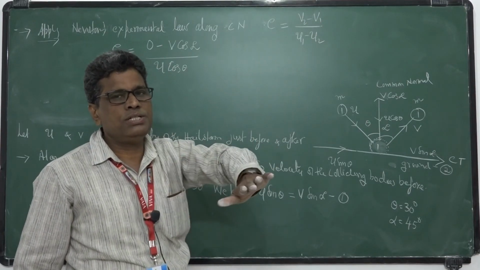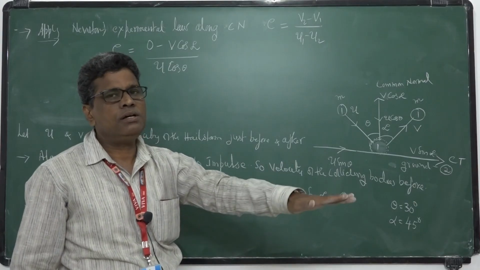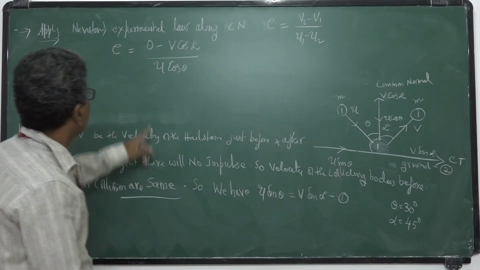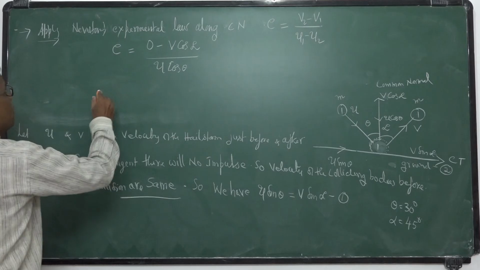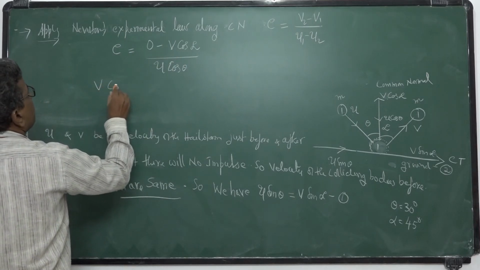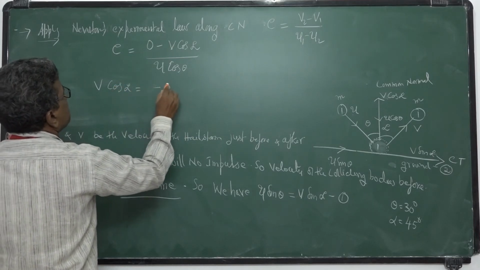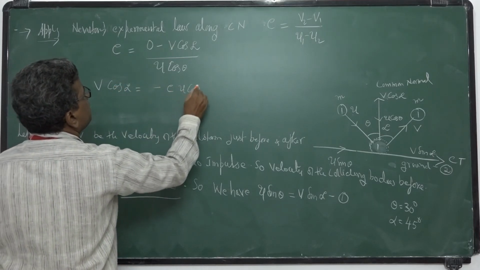There will be no change in the velocity of the ground, because it is at rest before and after collision. So you will get this: V cos alpha is equal to minus E into U cos theta.